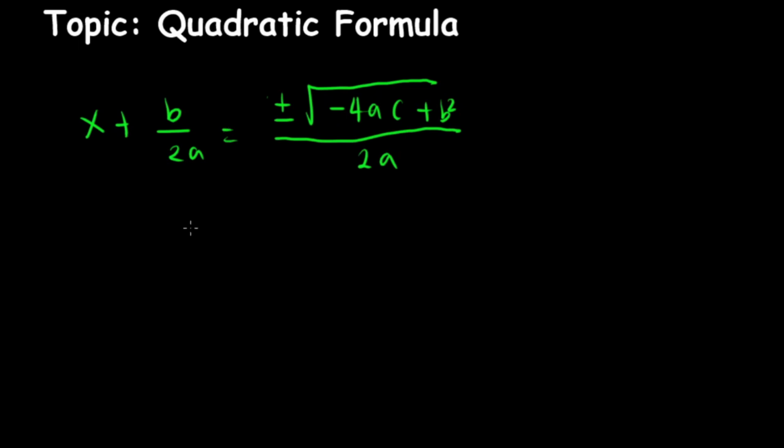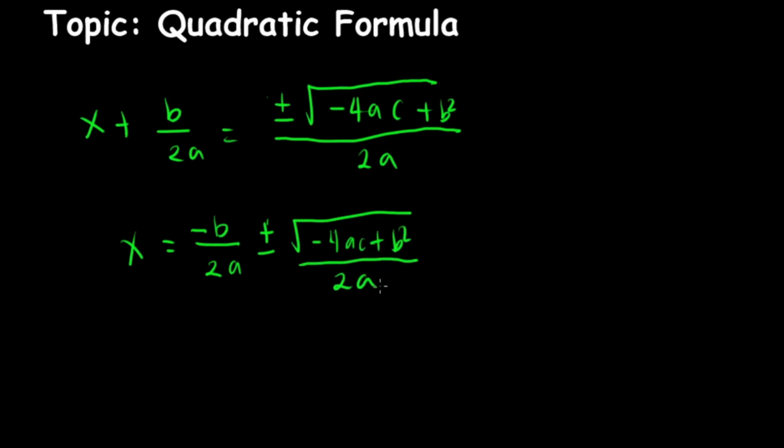And then isolate natin tong b over 2a to the right side of equation. So, pwede natin siyang i-treat as x equals negative b over 2a plus minus square root of negative 4ac plus b square all over 2a.